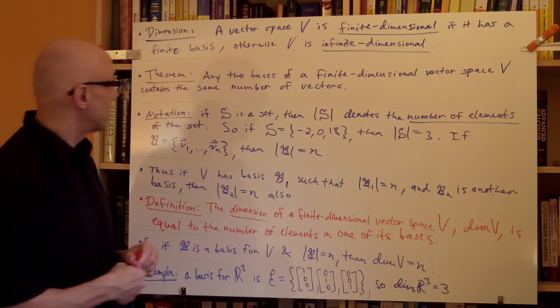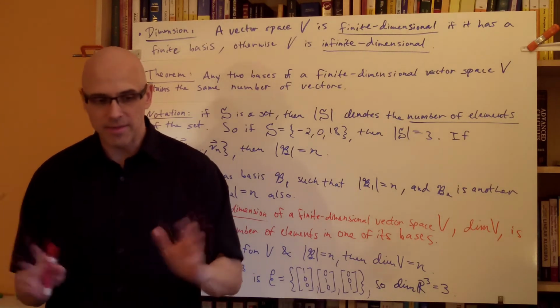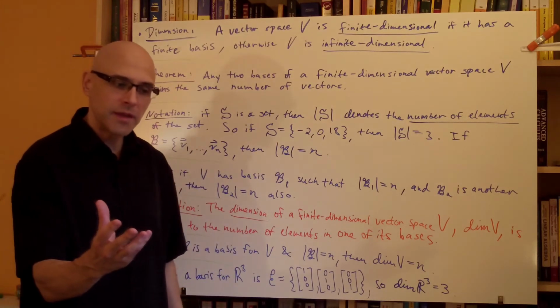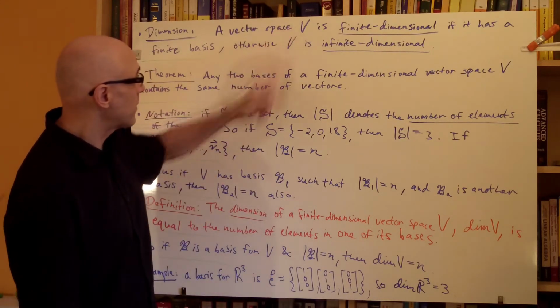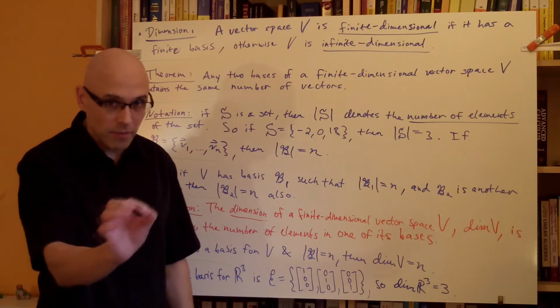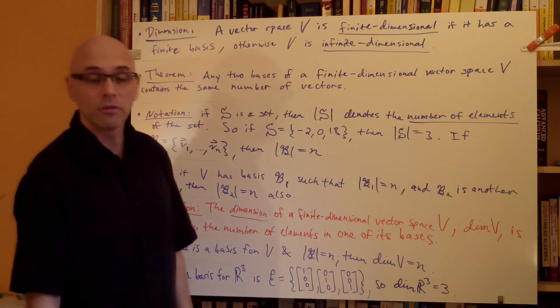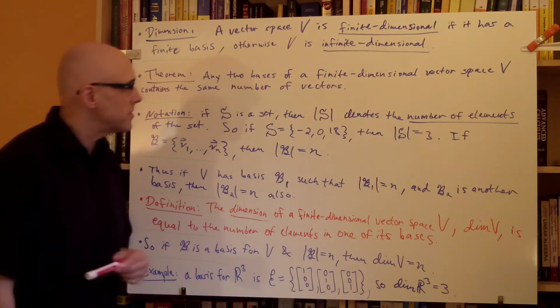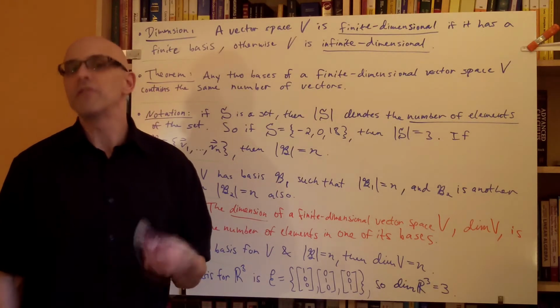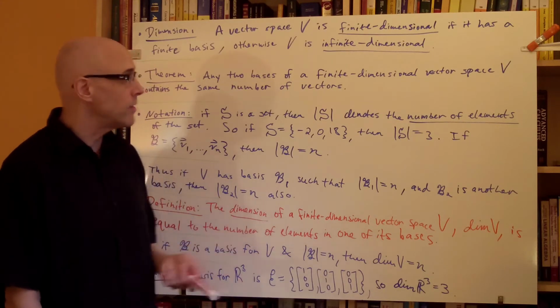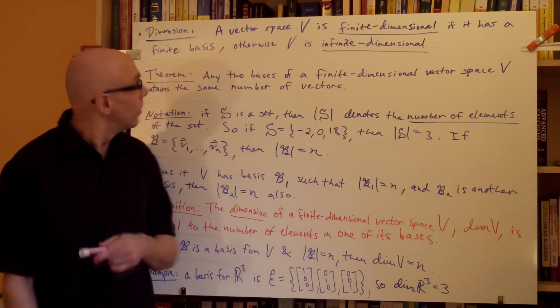But just take it as a given that any vector space has a basis. And if you can find a basis for that vector space that only has a finite number of vectors in it, then it is finite dimensional. Most of the vector spaces that we deal with in this class will be finite dimensional, though we do occasionally look at certain things that aren't.